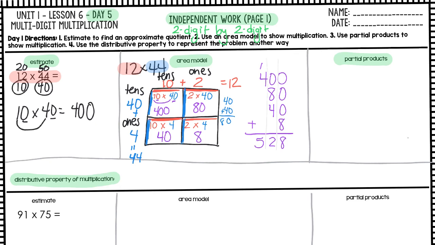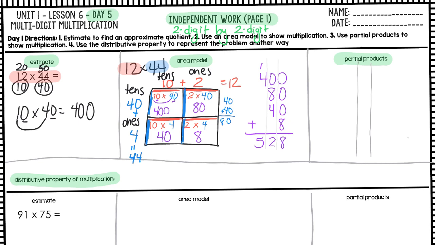But I'm also going to do partial products so that I can see, okay, as I multiply, I should get the same answer for partial products. So as we're doing partial products, I really want to help you stay organized. Okay, so I'm going to draw my line right under the O all the way down. Okay, and I know that I'm going to be multiplying my 2-digit numbers. So I'm going to draw a line.